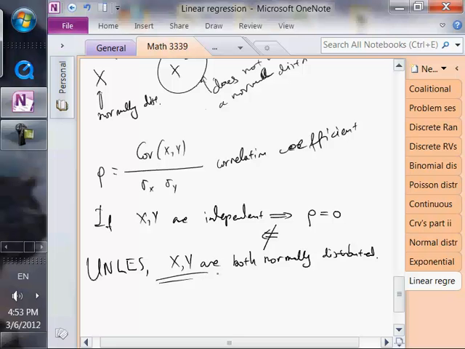So when both x and y are normally distributed, to find whether they are independent or dependent, we look at the correlation coefficient. If the correlation coefficient tends to be a big number, a significant number, typically greater than 0.5, then one depends on the other. That value is going, in absolute value, to be less than or equal to 1. It's like a cosine.